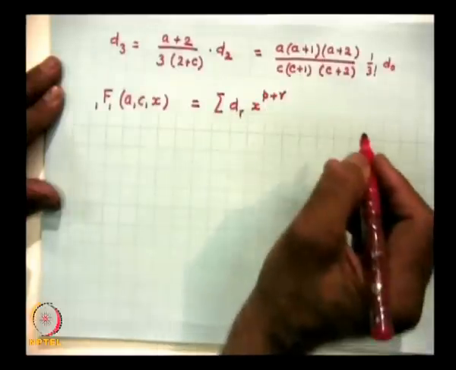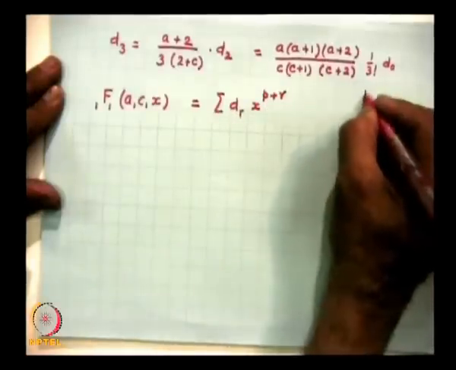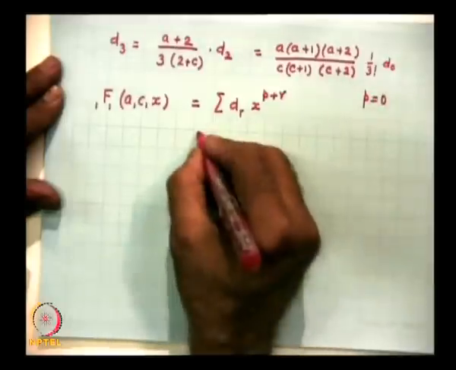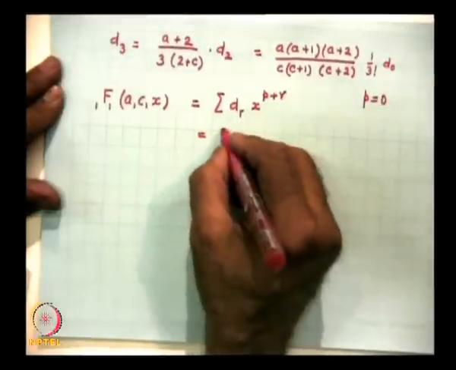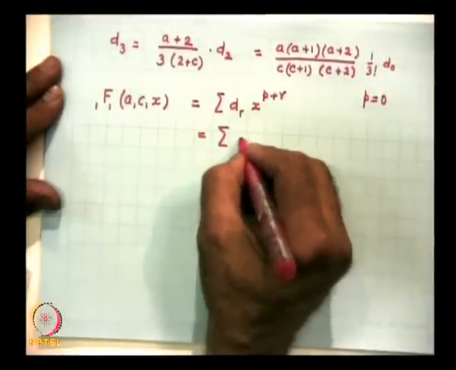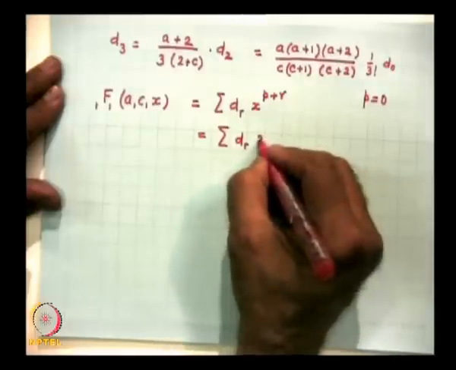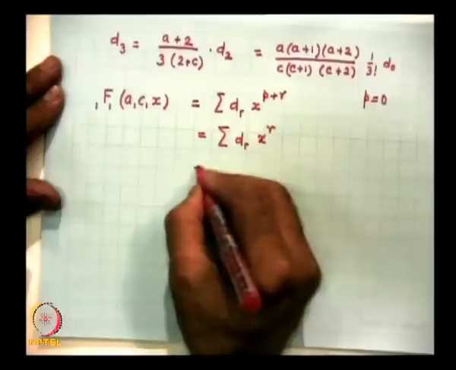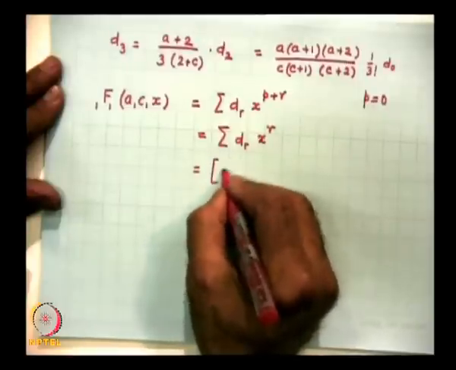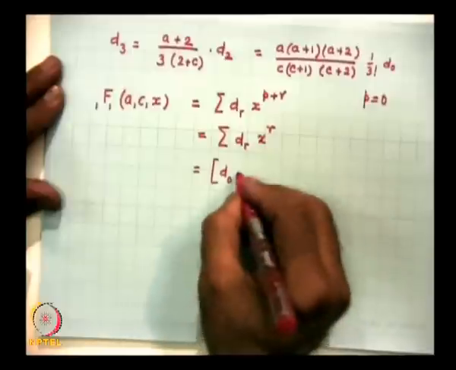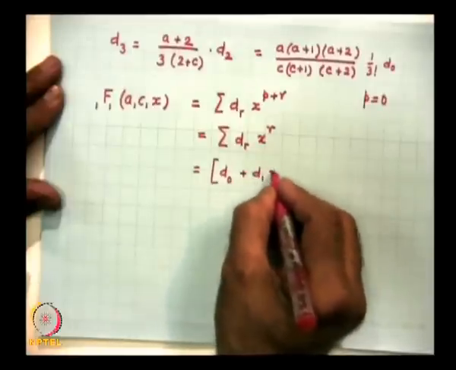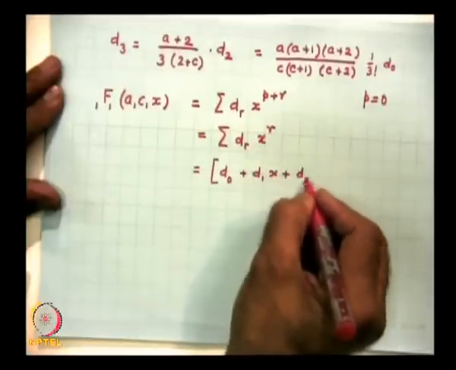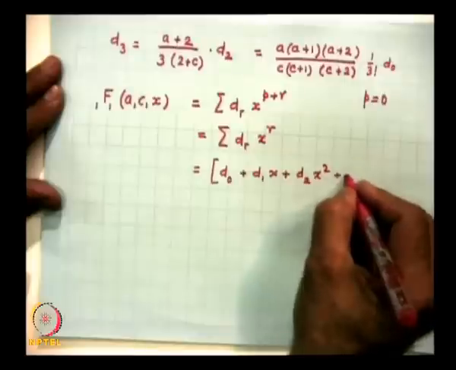P is 0, I have assumed p equal to 0. So this will become dr x to the power of r. So you will have d0 x to the power of 0 plus d1 x plus d2 x square and so on.